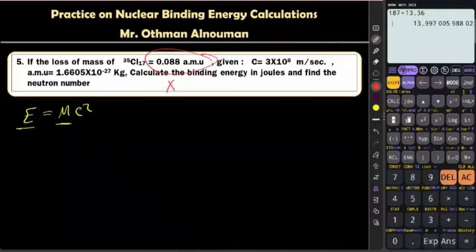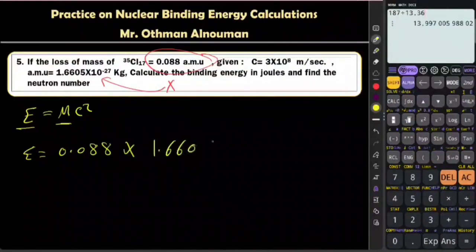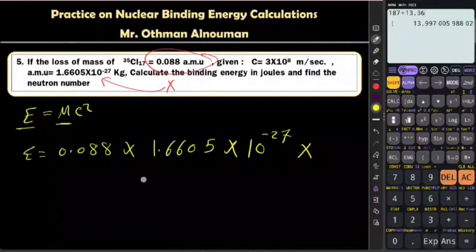Here in the question it gave it to us in atomic mass units, so we need to convert it. We are going to multiply by this number, so we are going to see E equals m, which is the mass defect, 0.088 times 1.6605 times 10 to the power of negative 27 times the speed of light square, which is 3 times 10 to the power of 8 square.